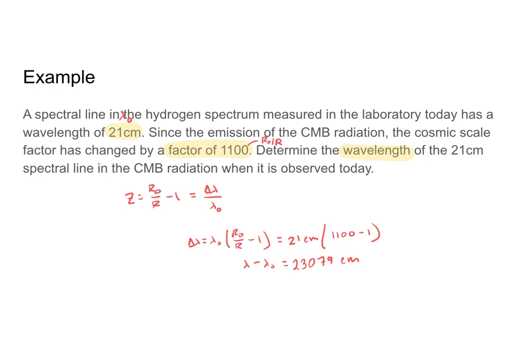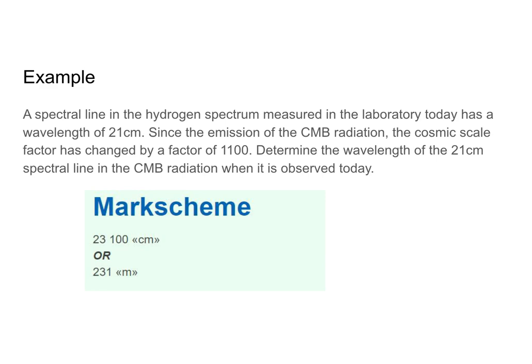Now, lambda naught is 21, so what that gives me is that lambda is equal to 23079 centimeters plus 21 centimeters, or 23090 centimeters. I would likely round this to just 23,100 centimeters, or 231 meters.